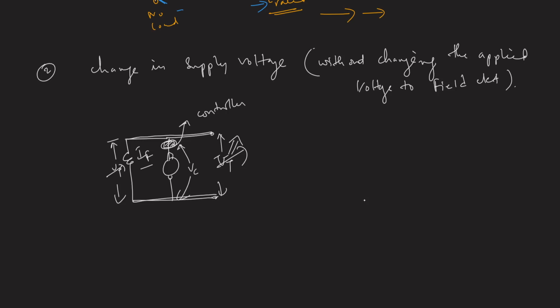You have to remember this. Now what happens if VT, in the sense the applied voltage to the armature only, increases? So VT increases, it means IA increases.